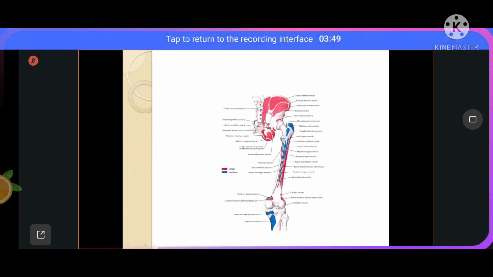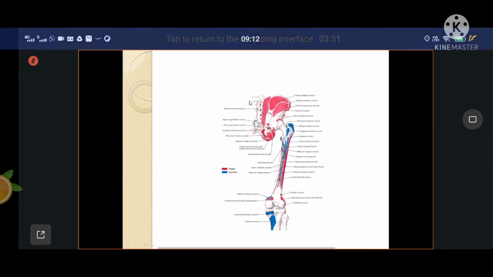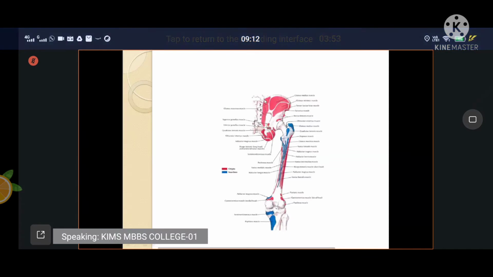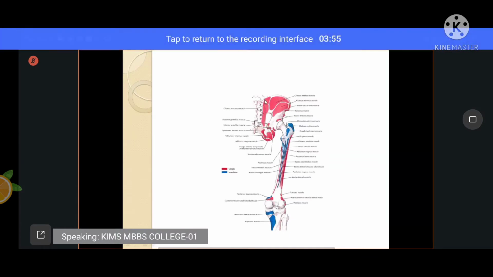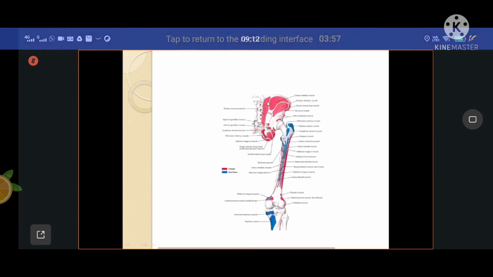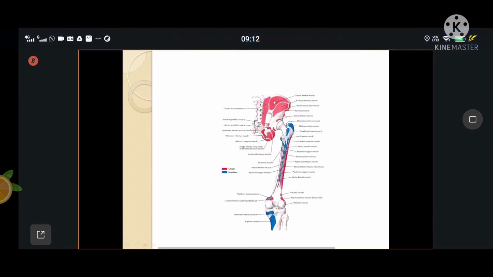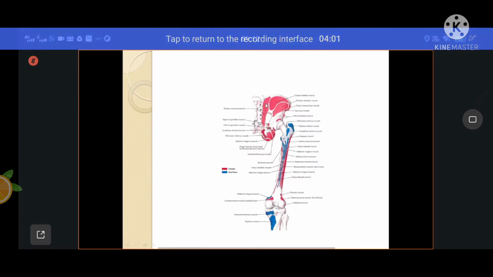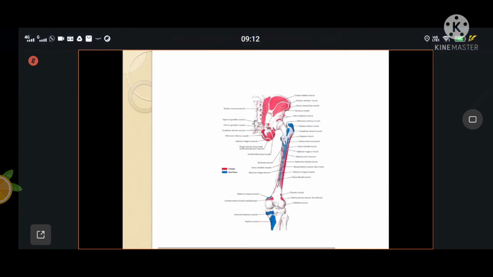Right, and then from the fascia of the erector spinae, which I cannot show you in this diagram, and the fascia covering the gluteus medius muscle. So this is the origin of the gluteus maximus muscle.